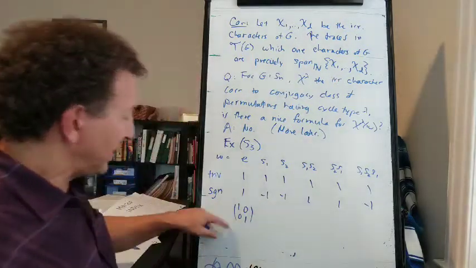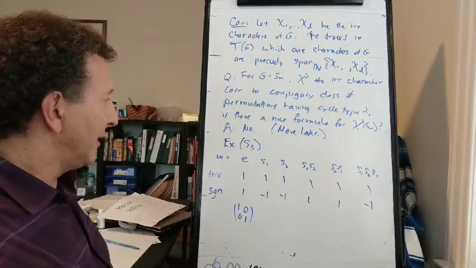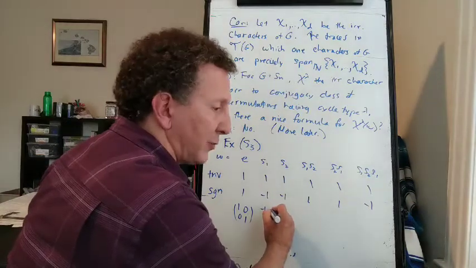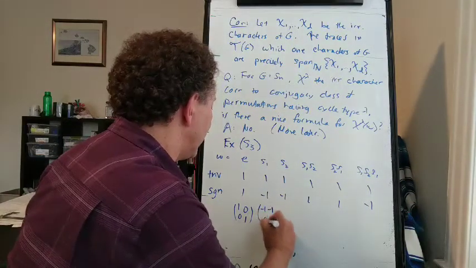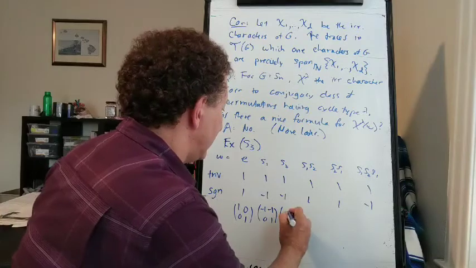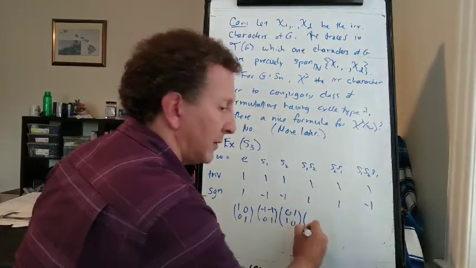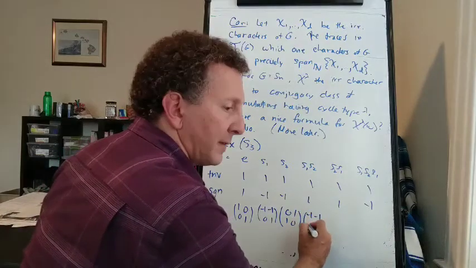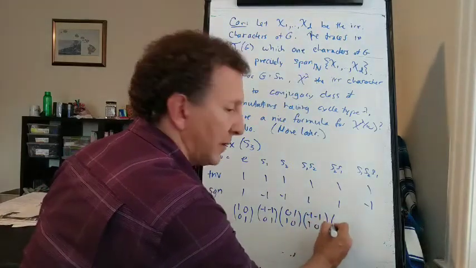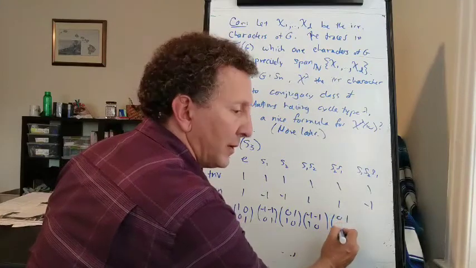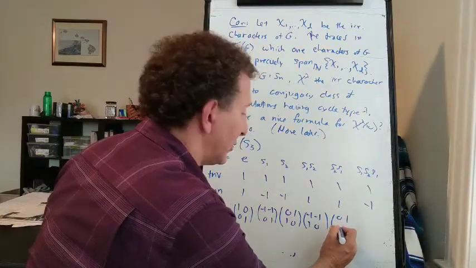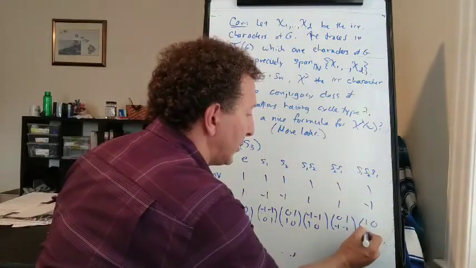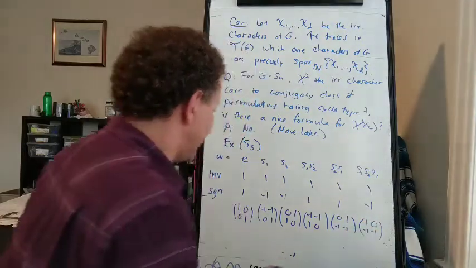So we've got the identity matrix, which is always what we assign to the identity element of the group, and then -1, -1, 0, 1, 0, 1, 1, 0, -1, -1, 1, 0, 0, 1, sorry, yeah, 0, 1, -1, -1, and 1, 0, -1, -1.